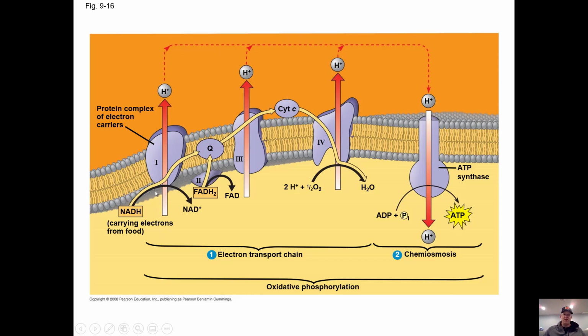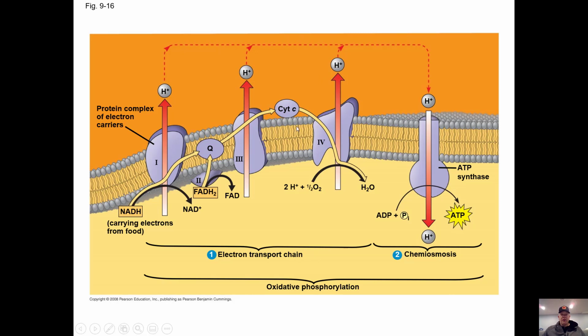Those electrons move from this first protein over into this next pump here, where they are utilized again to pump hydrogen into the intermembrane space. They go through something called cytochrome C, and then to this last pump, where hydrogen once again is pumped into that intermembrane space.